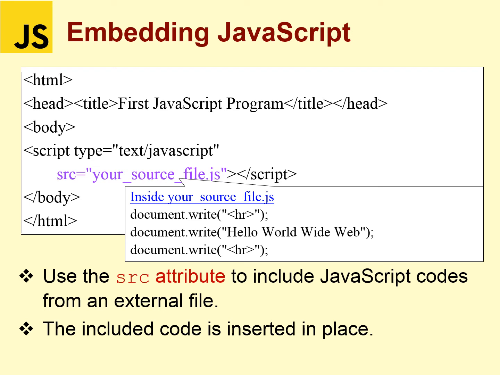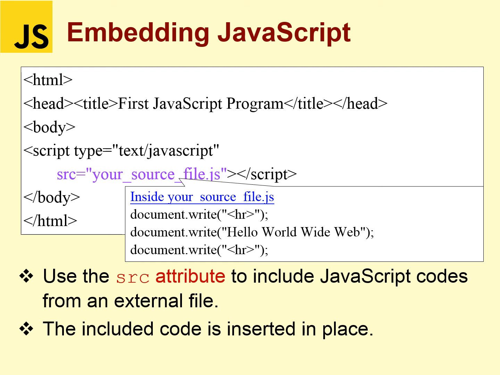The small box shows the content of your_source_file.js. Inside this JavaScript file, it contains three statements: document.write of HR, document.write of hello world wide web, and document.write of HR. It is almost similar to the previous example.